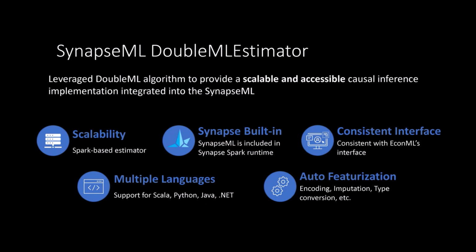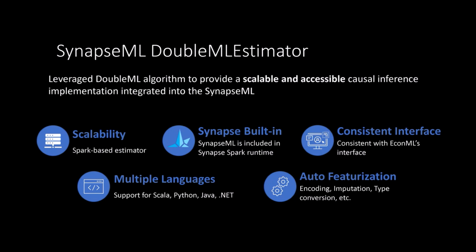The DoubleMLEstimator provides a scalable and accessible causal inference method that is integrated into the SynapseML package. Some of the benefits of this solution include high scalability, as it is built as a Spark-based estimator, and it is easy to use in whichever language you are familiar with.